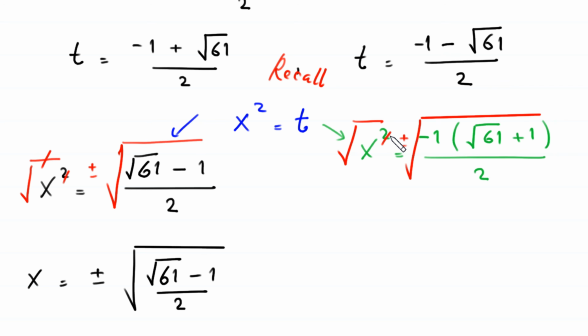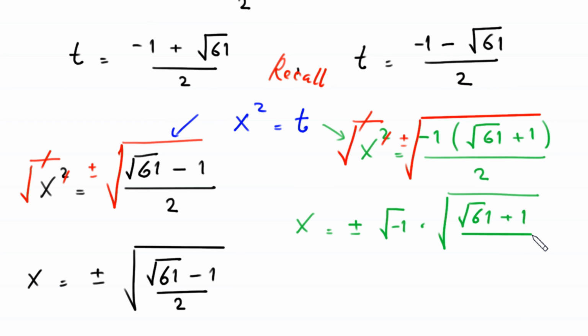This square will be cancelled with this square root, and we are left with x equal to plus or minus the square root of negative 1 times root 61 plus 1 over 2, which will become plus or minus root negative 1 times the square root of root 61 plus 1 divided by 2.